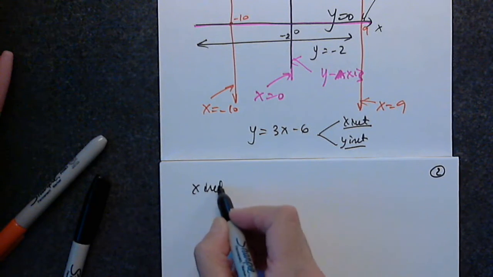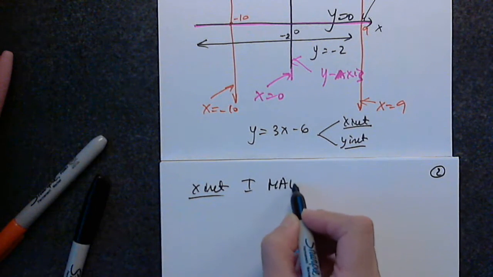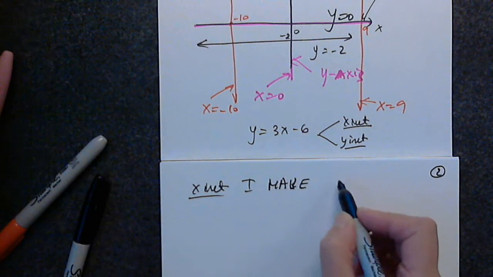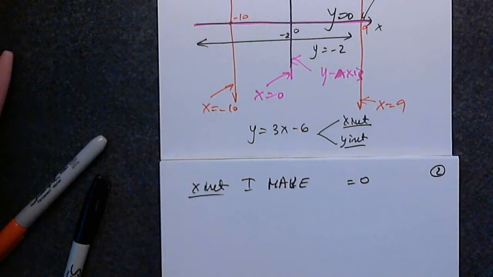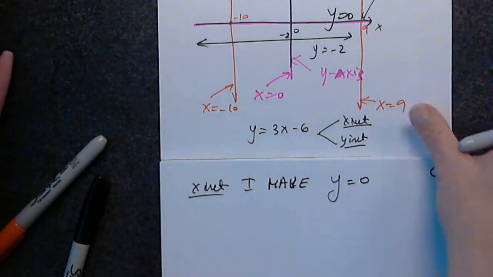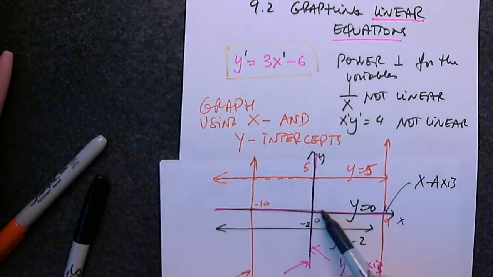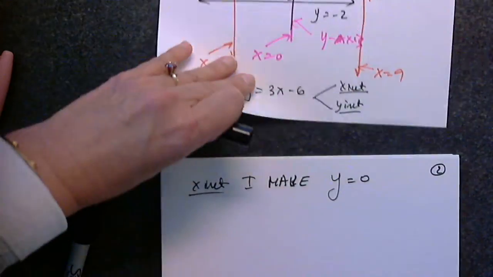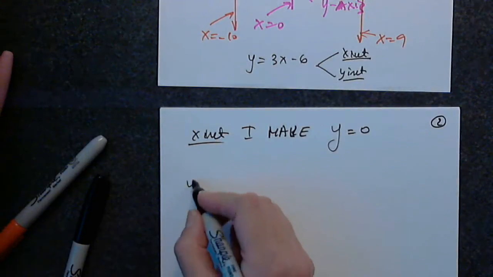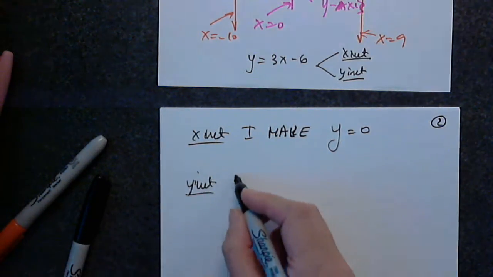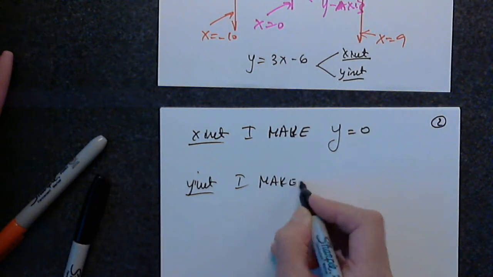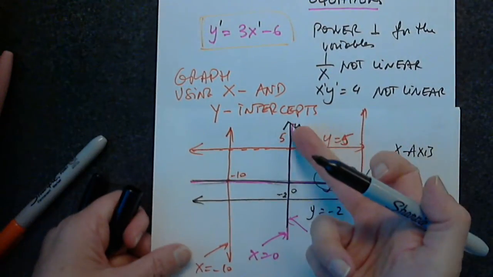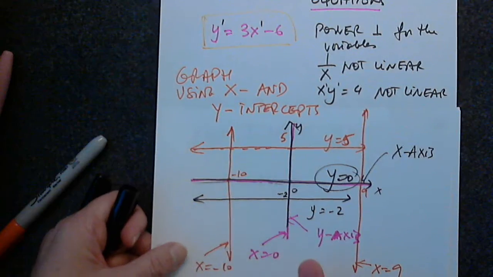For the x-intercept, I make something equal to 0. Very good. Because of this equation, I'm looking for a point here. It has to have y equals 0. Very good. In a minute, we'll go back. For the y-intercept, to determine a point here, I make what?